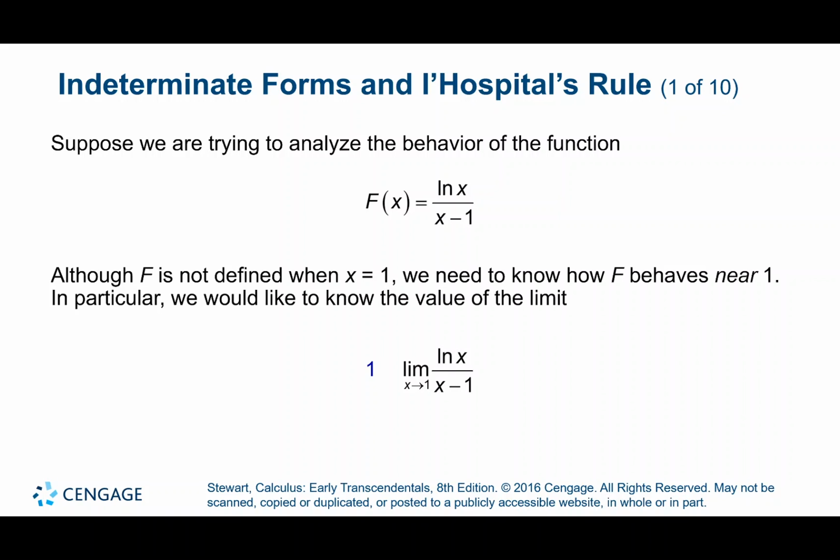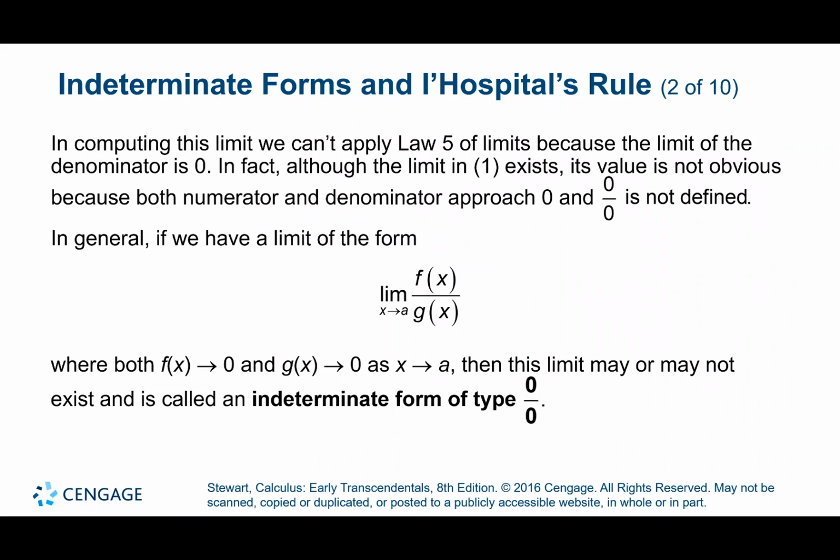But also, if we plug 1 into the top, we take ln of 1. Natural log of 1 means e to what power would give you 1. That is 0. So we would end up with a 0 over 0 situation. We can't calculate that, so we call that a 0 over 0 indeterminate form.